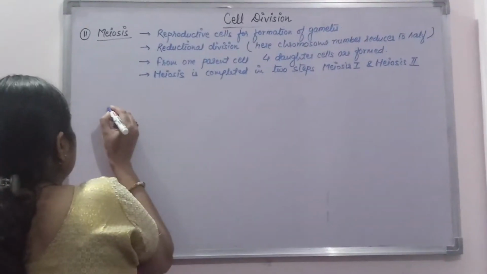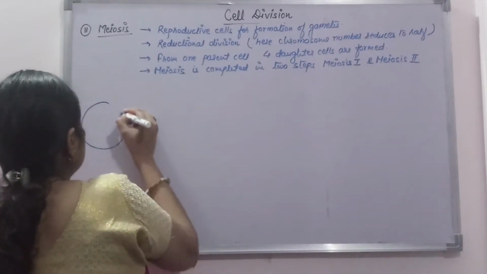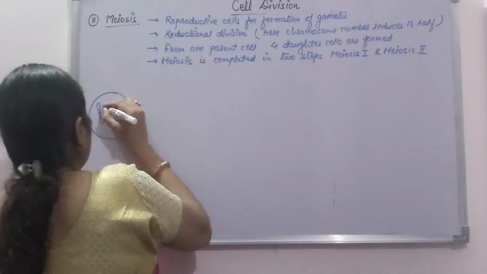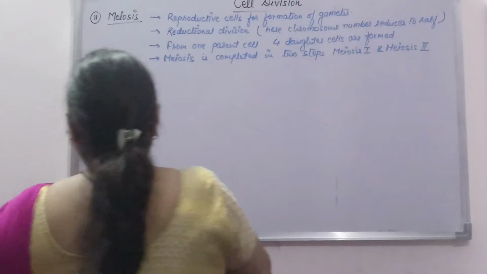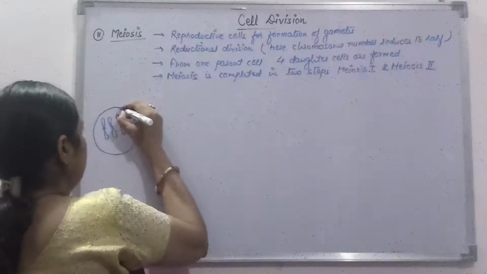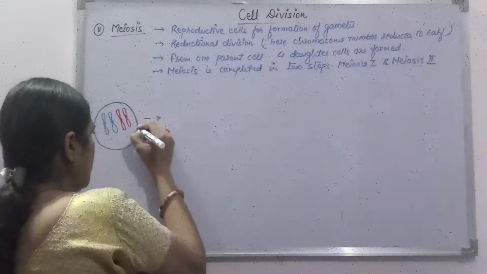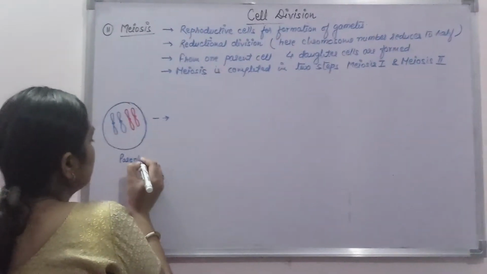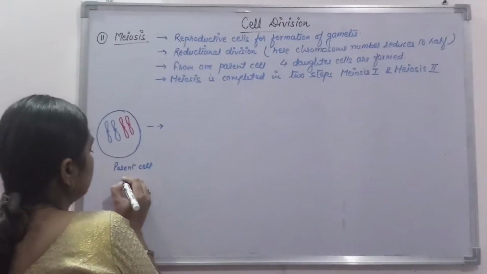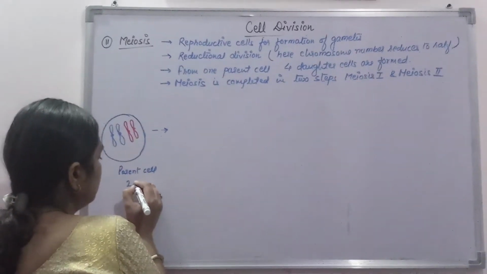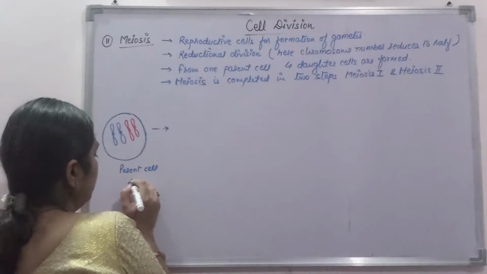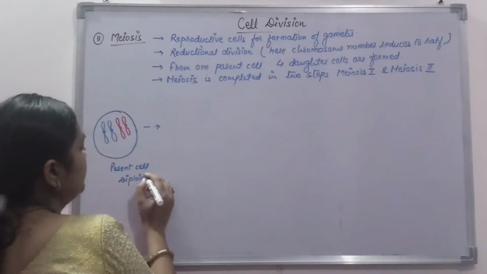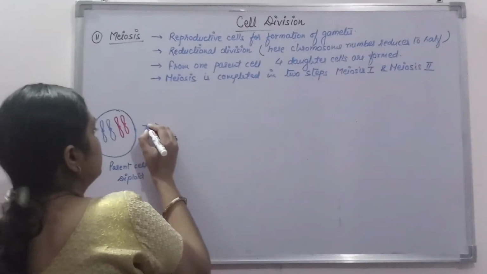This is a cell having chromosomes. See student, this is the parent body, a parent cell having a diploid set of chromosomes.